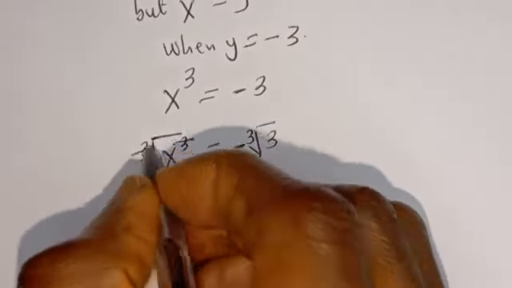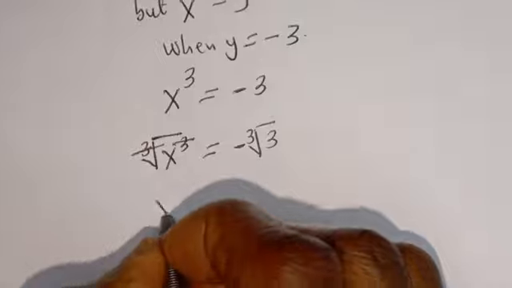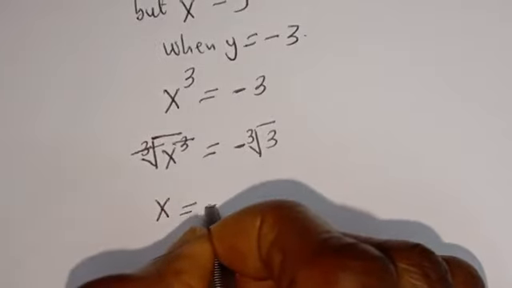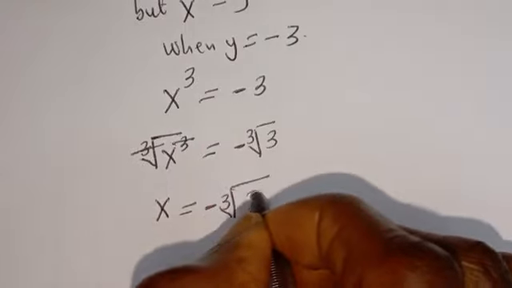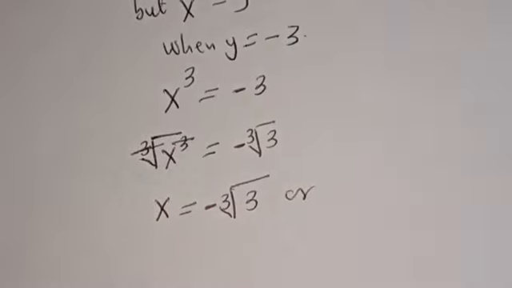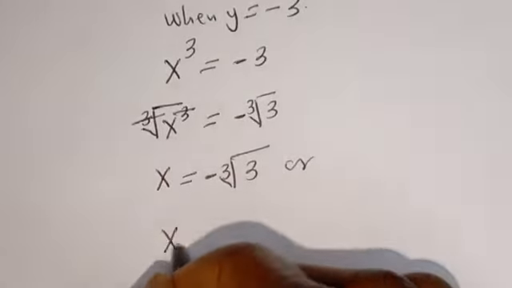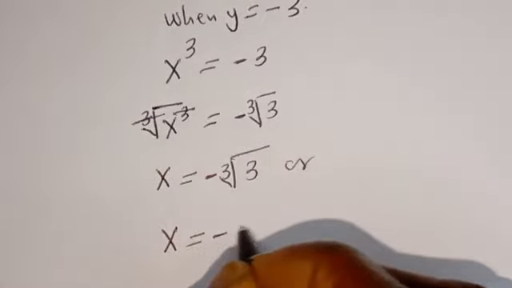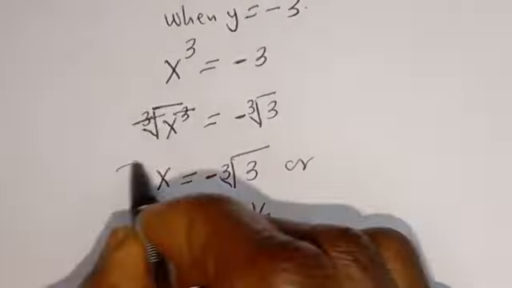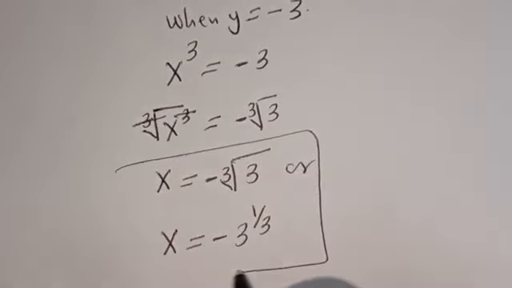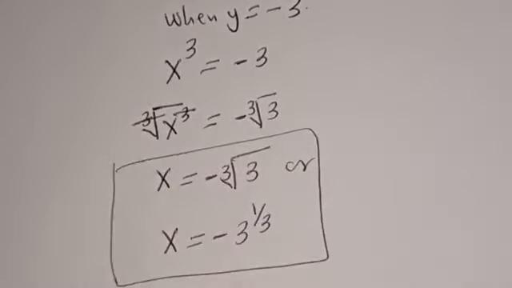This will cancel this. s is equal to minus cube root of 3, or s is equal to minus 3 to the power of 1 over 3. So this is the final answer.